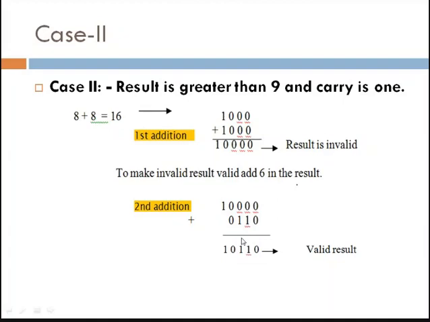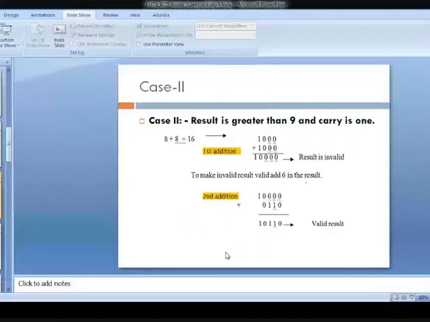Now forget about the carry and concentrate on the sum part. Considering the last four digits, its decimal value is 6, and in front there is a 1.